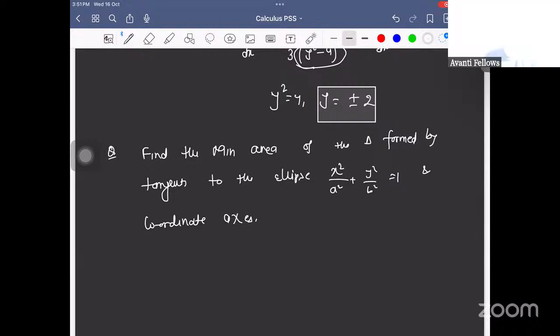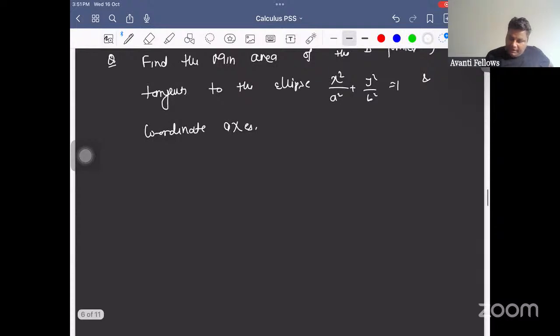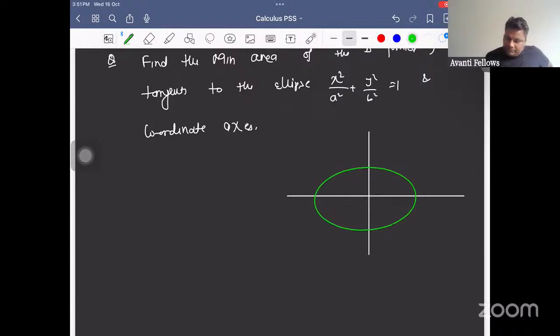Yes. Have you tried it? The question is find the minimum value area of the triangle formed by tangents to the ellipse and coordinate axis. See, let us assume we have this ellipse like this.